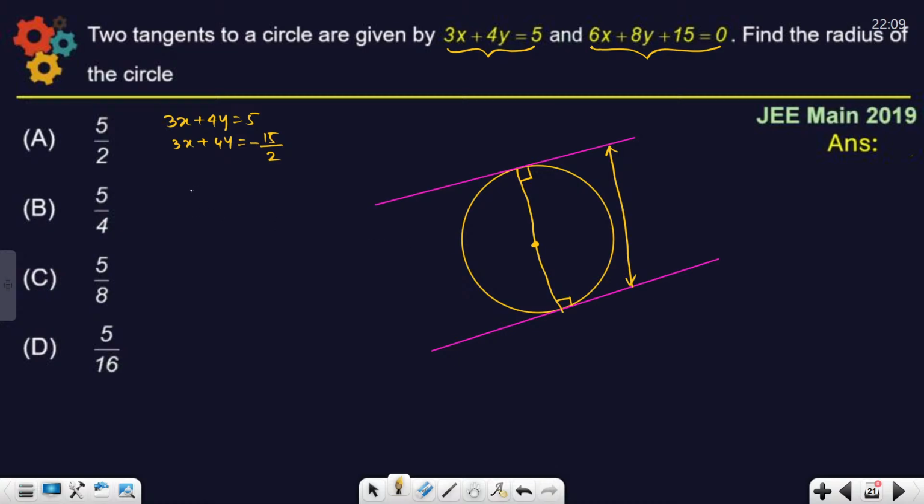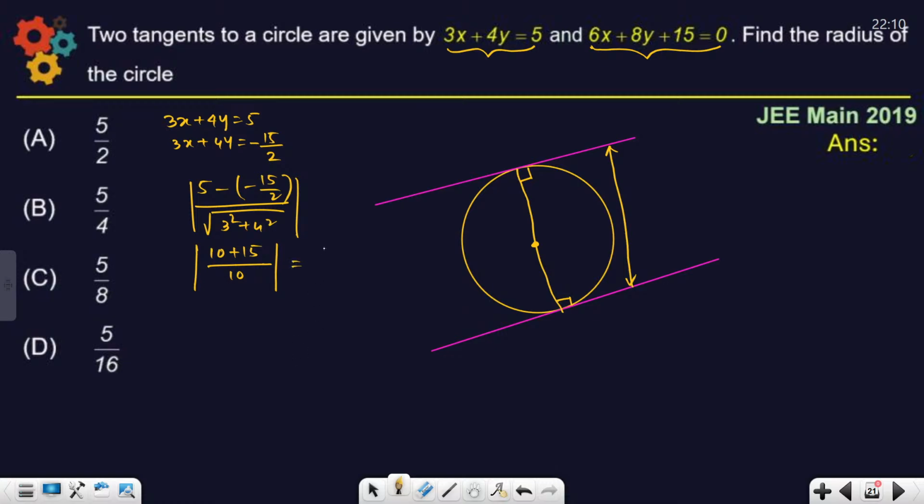So the distance will be modulus of C1 minus C2 divided by root over of A square plus B square. Am I correct?